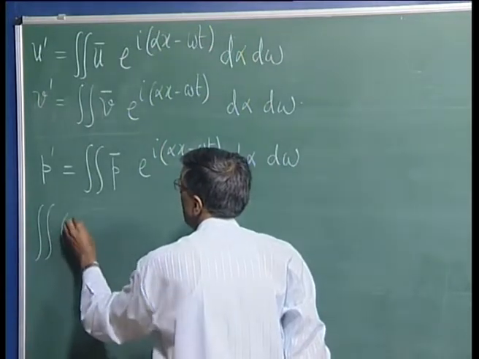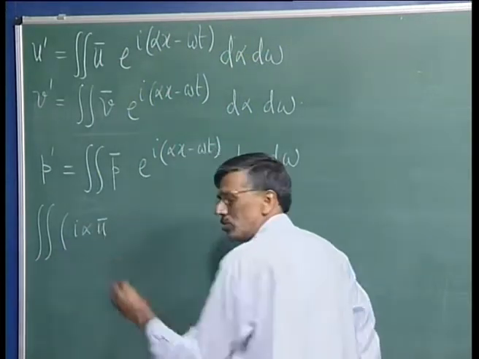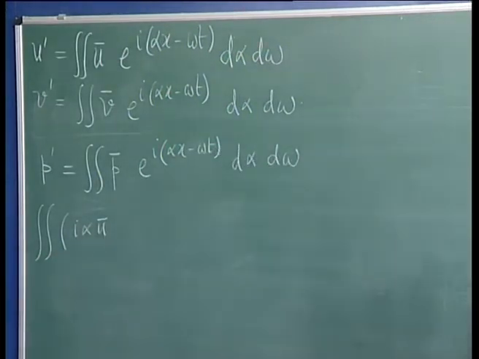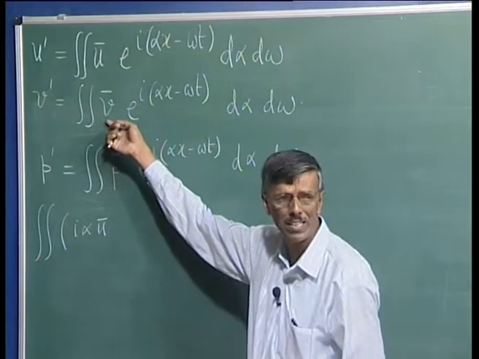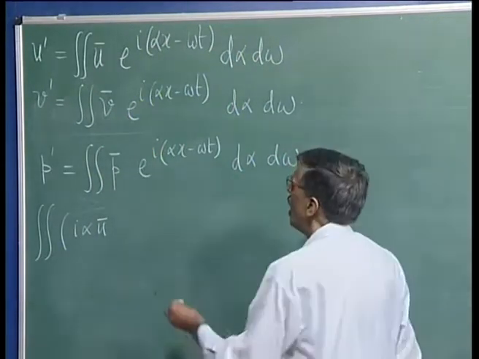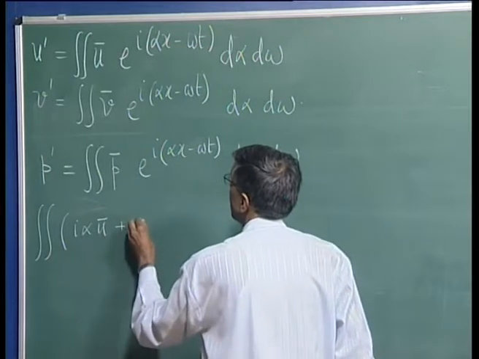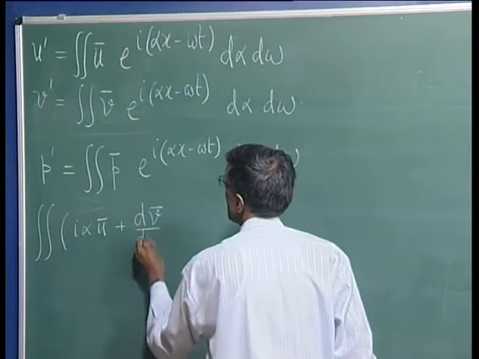So, del u prime del x should be equal to this. What about del v prime del y? That y variation is embedded in there, right? So, I will write that as dv bar dy.